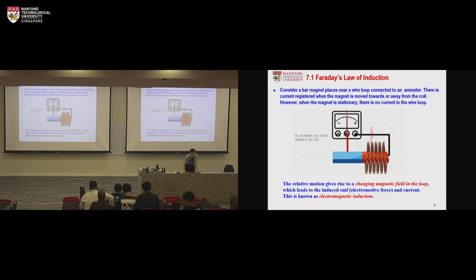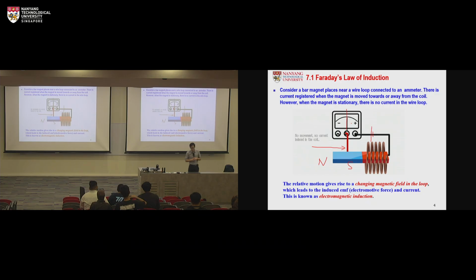Let's say this magnet has two sides, North Pole and South Pole. When you move this magnet with respect to this coil, you will find you can get a finite reading. That is to say, when you are moving this magnet, you are generating a current flow inside this coil.